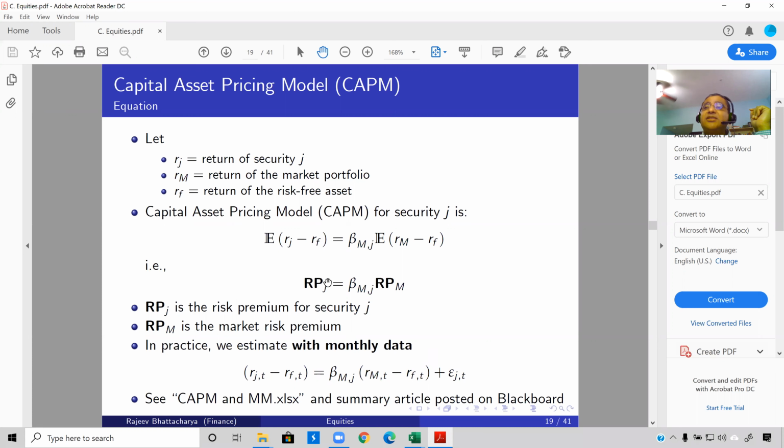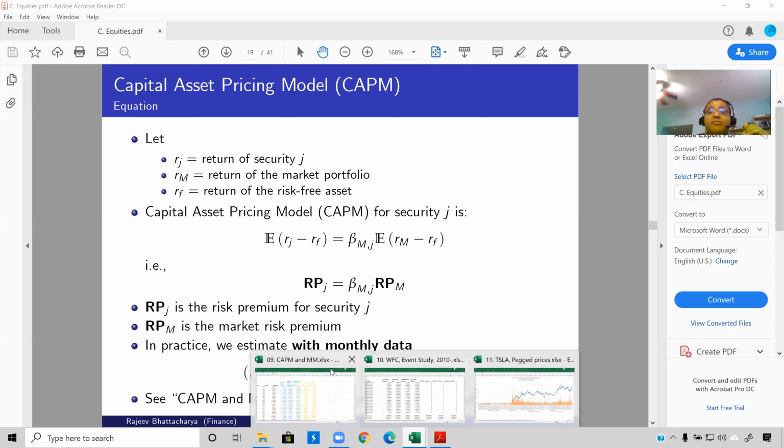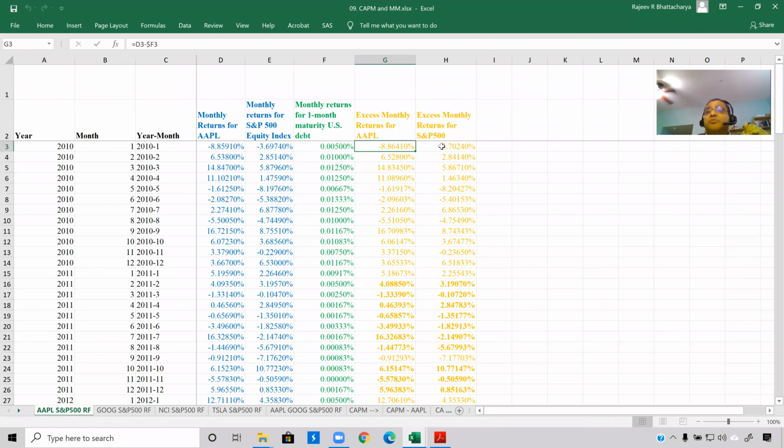We are going to regress the excess return of the security in question, Apple equity, with respect to what on the right hand side of your equation. The variable is simply the excess return of the market in this case. So it is S&P 500 minus the US 1 month maturity debt.